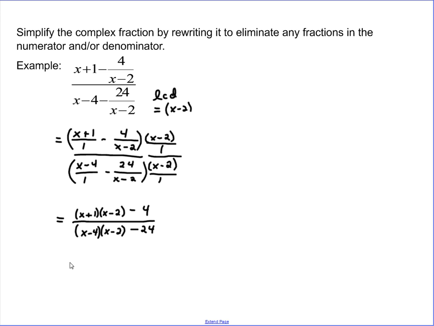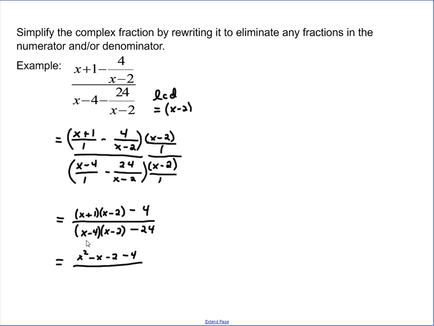Well, this is actually a little bit simpler to handle, right? Because what's going to happen here is we're going to have to multiply through in the numerator x squared plus 1x minus 2x, so that's x squared minus x minus 2 minus 4 in the numerator.